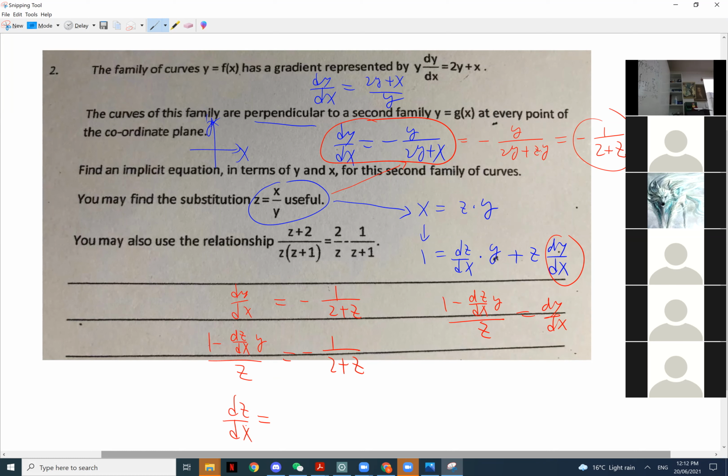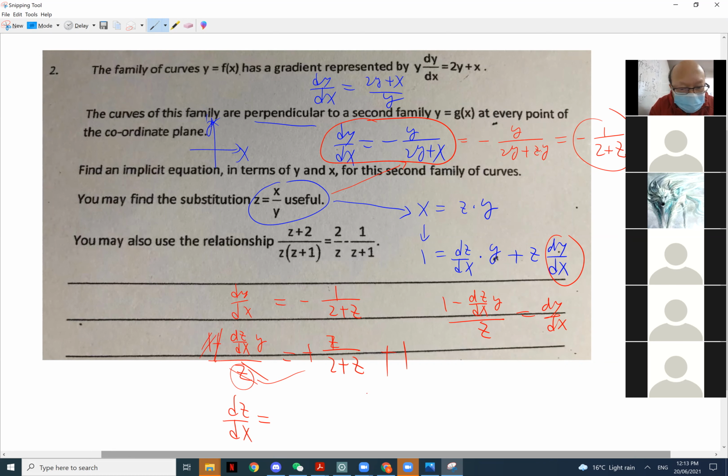Okay, Grace, what's dz/dx? Oh, you just times z to the other side, so just minus z here. Move that there. And you move -1 to the other side, and when you move a negative to the other side, it changes to positive.